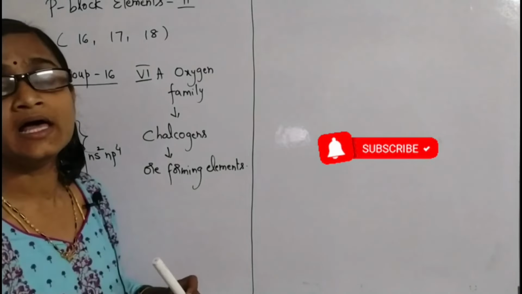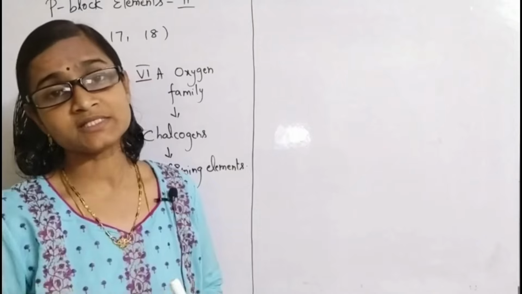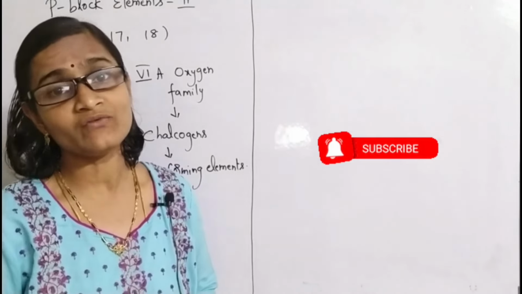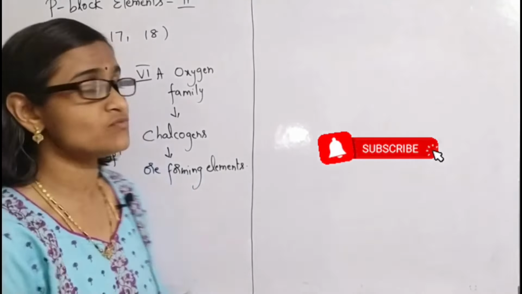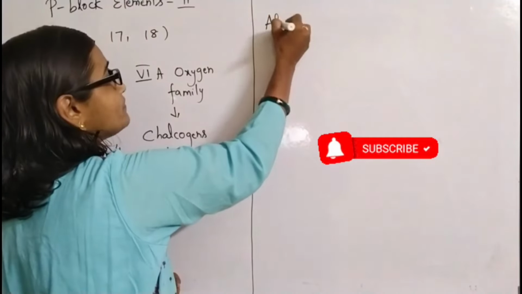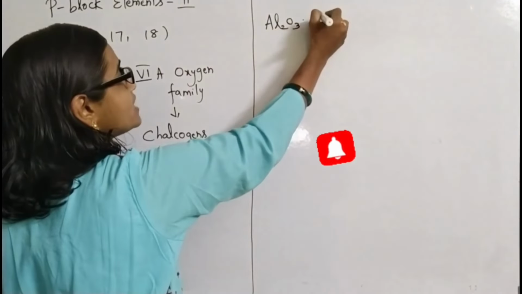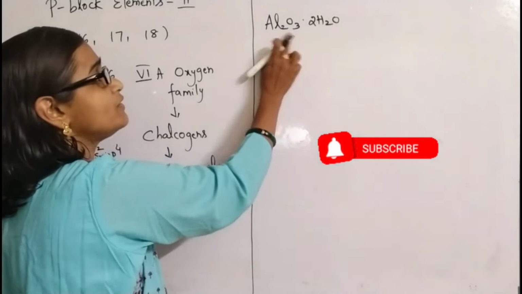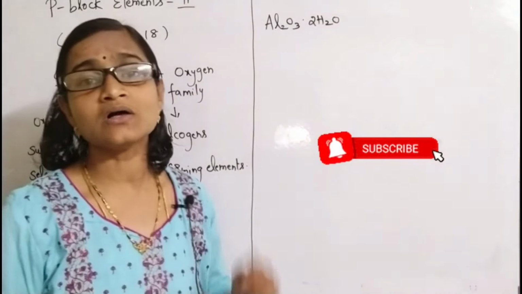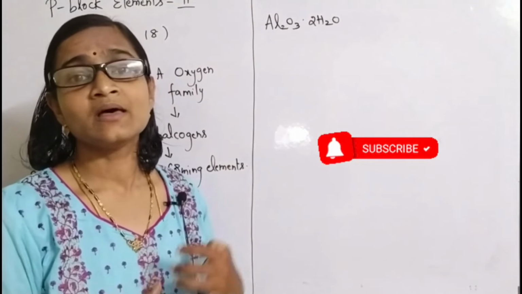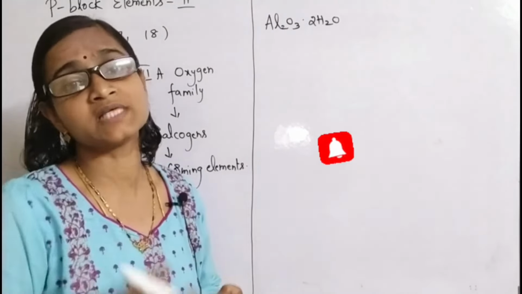Take any metallic ore, like bauxite. Bauxite is an ore of aluminium which exists in the form of Al2O3.2H2O, an oxide ore of aluminium. Oxygen is there, forming that bauxite ore.